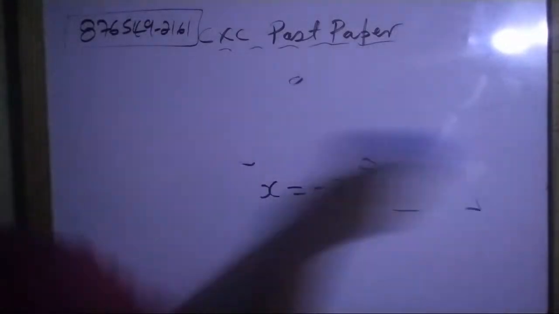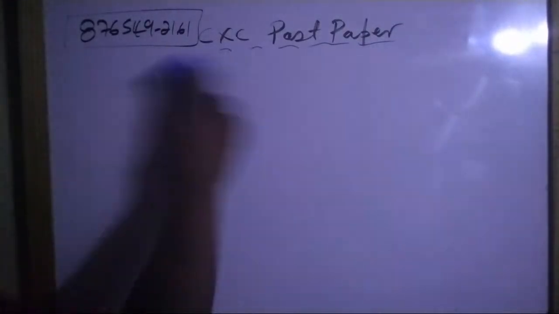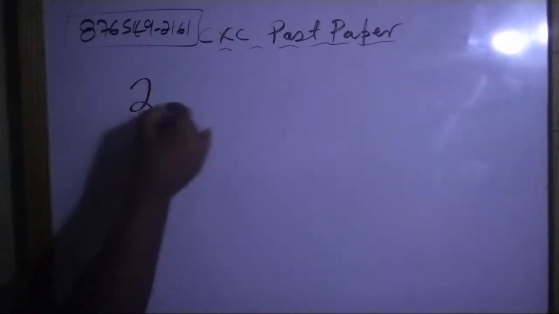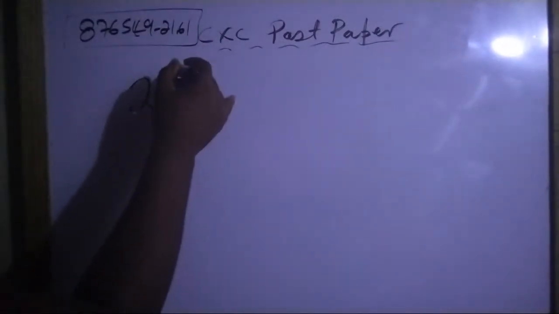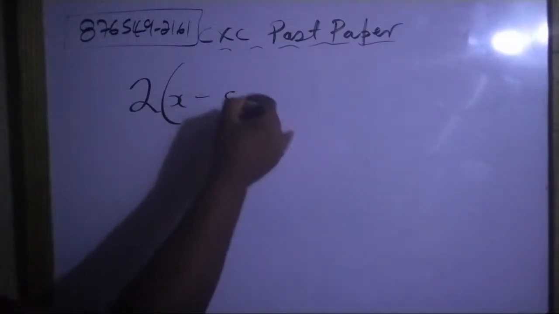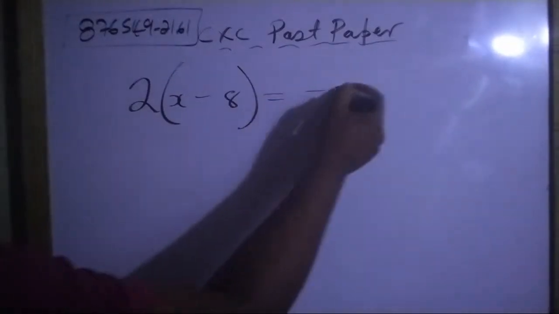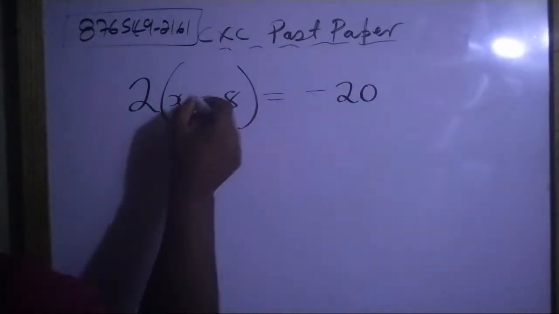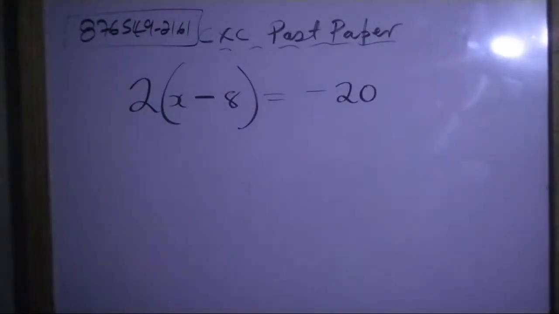So can we do one involving brackets? The level of difficulty I go up and up, you know, guys. So let's see if we can maintain it. So we have 2 bracket x minus 8 is equal to negative 20.